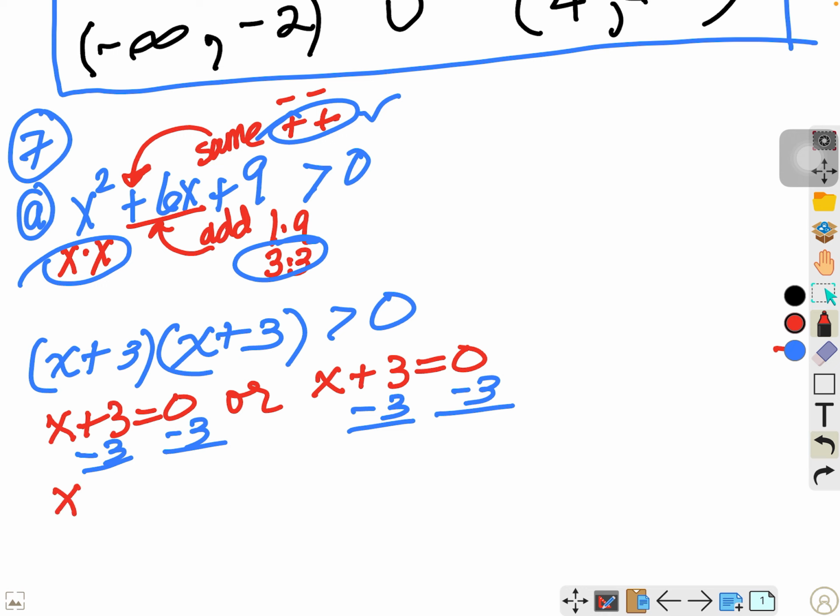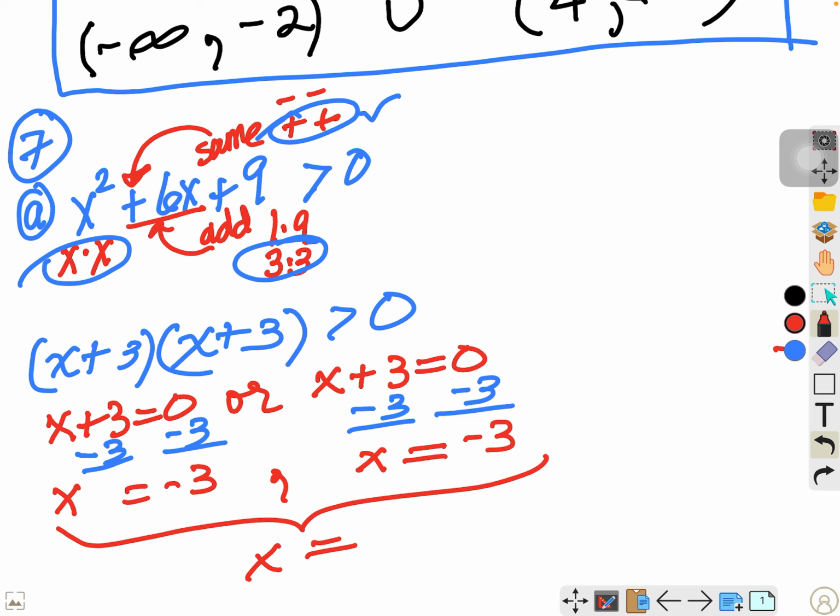That leaves us with x isolated to be -3. And we have the same statement, which means we really have one statement, x equals -3.